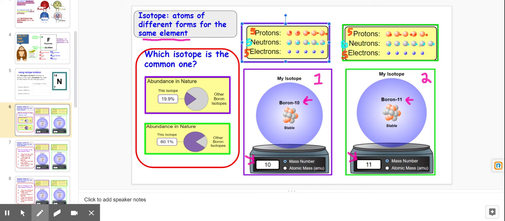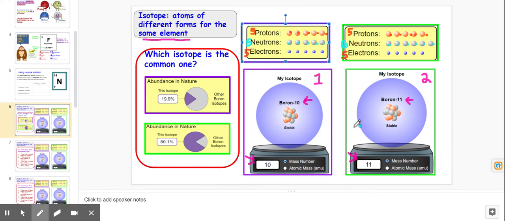So there is the difference between isotopes. The difference in isotopes is the number of neutrons. And each neutron, if we remember, has a mass of 1 unit. That's why there is a difference in the mass.